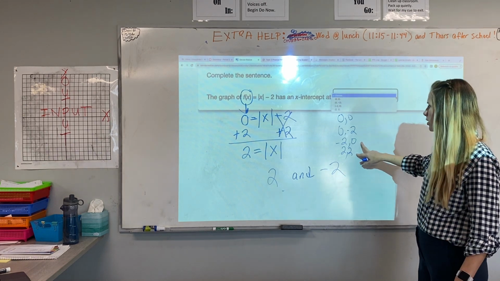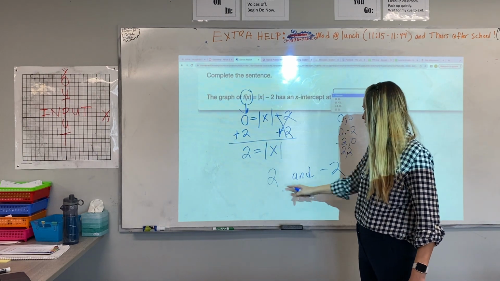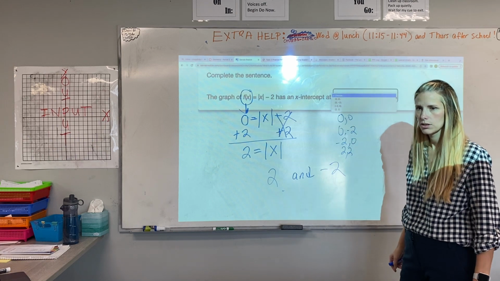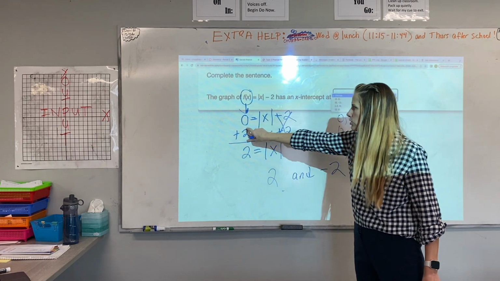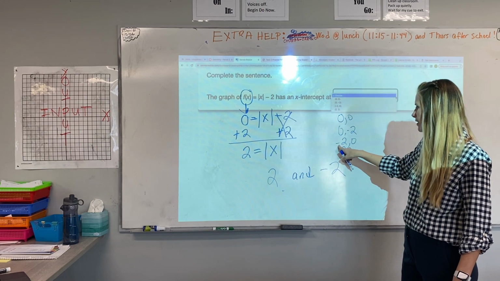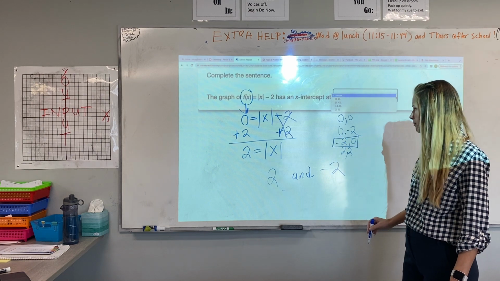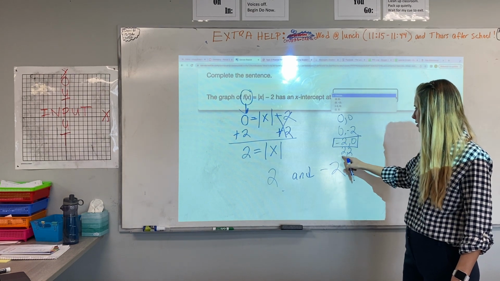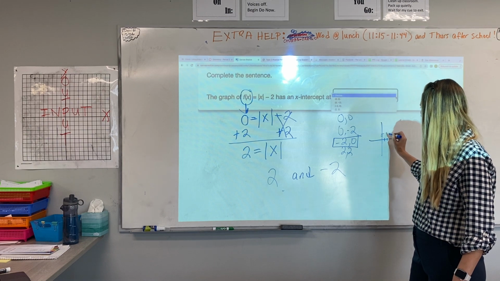What is the y value to get these numbers? 0. The y value was 0. So if the y value is 0 and the x value is negative 2, this is your x-intercept. This would be positive 2, positive 2.